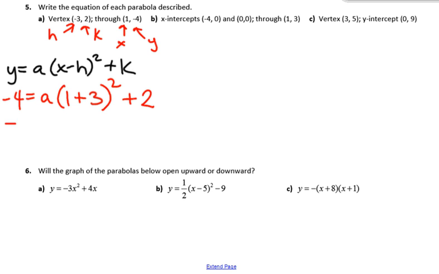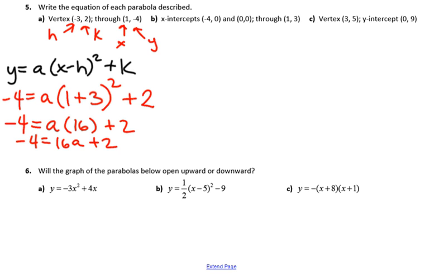Now simplify and solve. So we have -4 equals A times 1 plus 3 is 4, 4 squared is 16, then plus 2. Do not make the mistake of adding that 16 plus 2. That is not PEMDAS, okay? You're multiplying that A times 16, then adding 2.